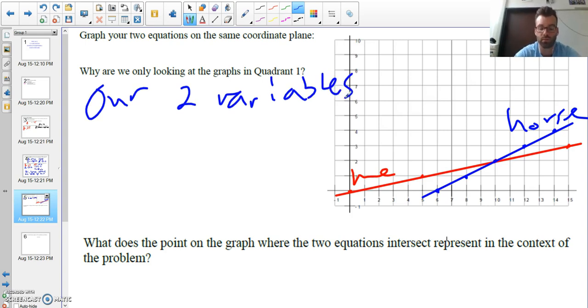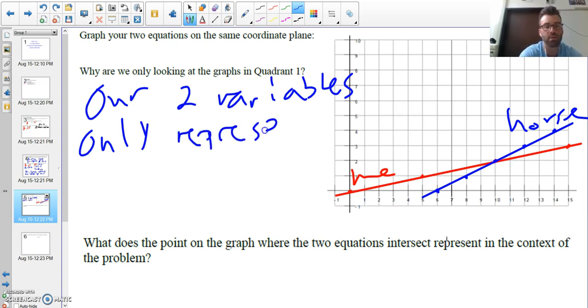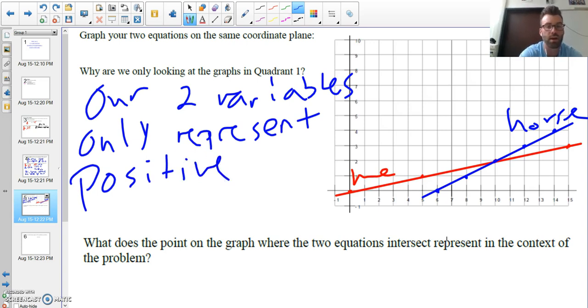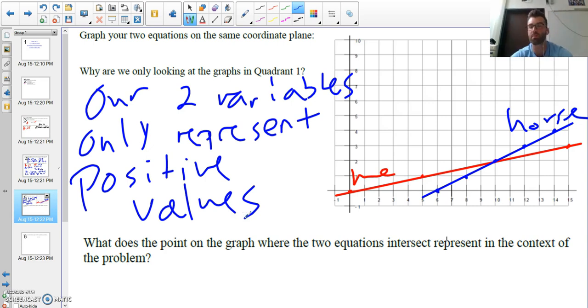Distance and time only represent positive values. I'm not going to use negative numbers to describe time, and I'm not going to use negative numbers to describe distance. We only care about the positive values, so that's why our graph only looks at quadrant 1.